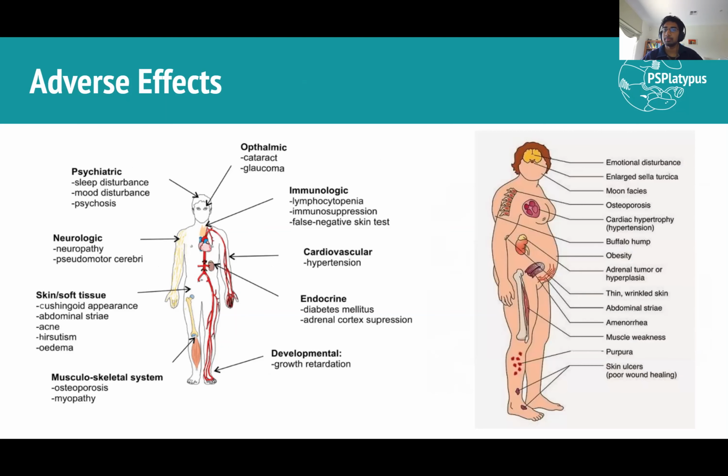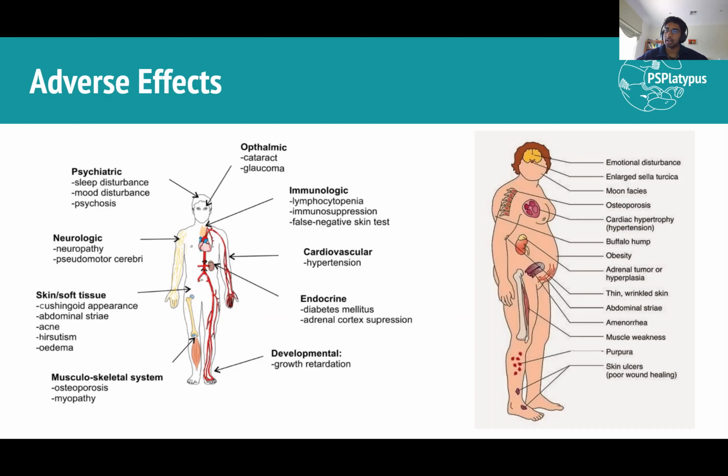Some of the important or classical symptoms of Cushing syndrome: central obesity, so your torso, your abdomen, that sort of area, as opposed to your limbs. Something called a buffalo hump, which comes from osteoporosis and buildup of things at the back. Moon face, which is creatively labeled as moon faces on that. And then you have changes to the skin texture.